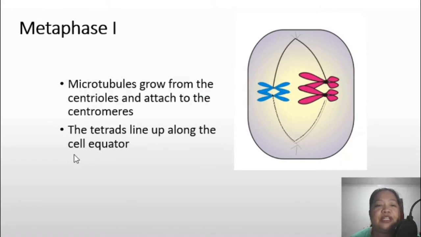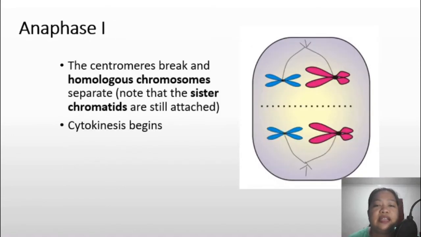During metaphase 1, microtubules grow from the centriole and attach to the centromere. The tetrads are lined up along the equator. Then in anaphase 1, the centromere breaks and the homologous chromosomes separate. Note that the sister chromatids are still attached to each other.